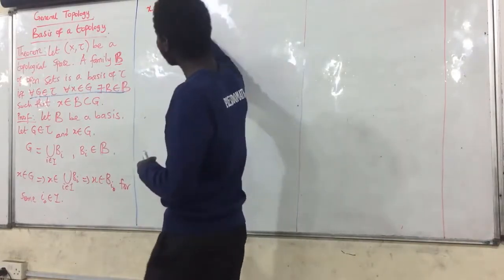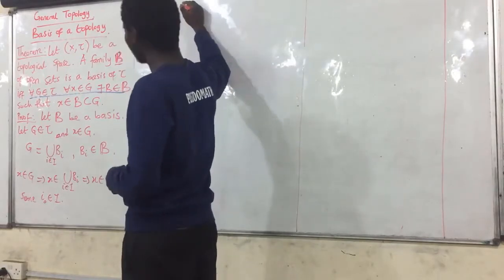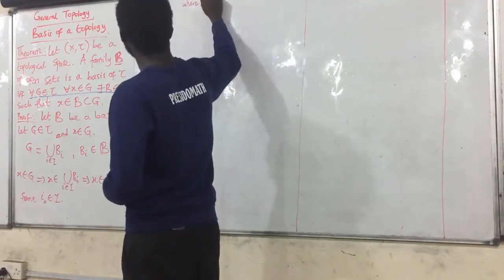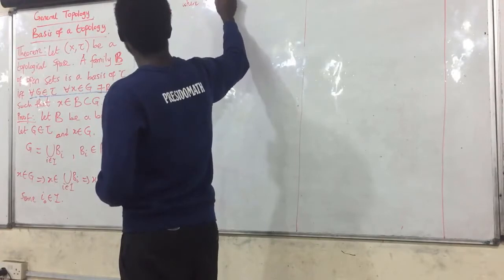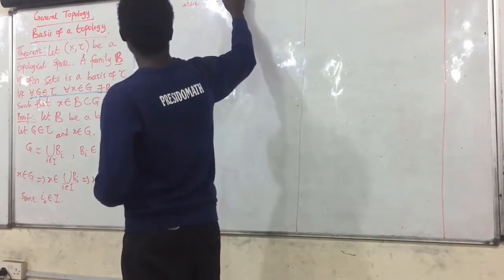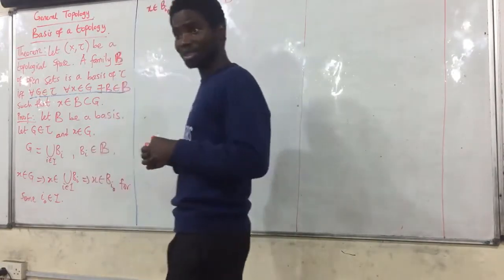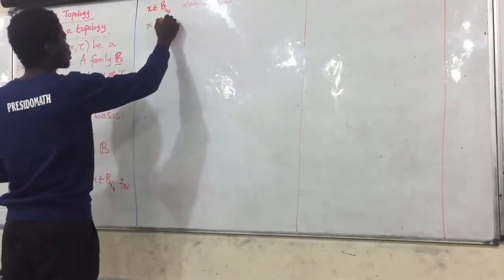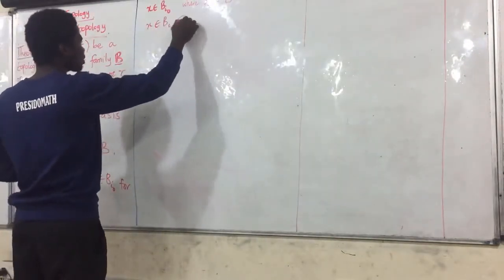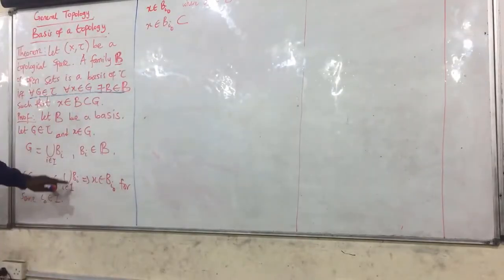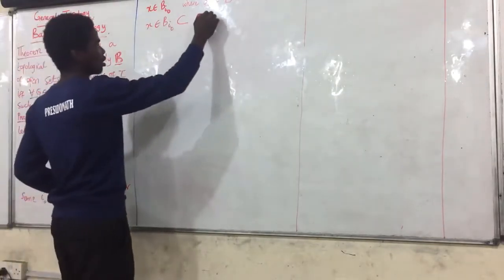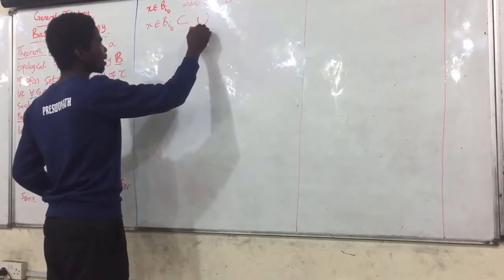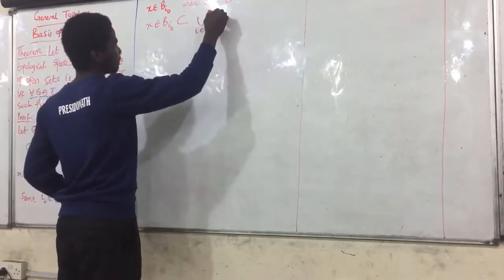And this B_i0 is an element of the basis. So now S is in B_i0, and B_i0 is fully inside the union of B_i over i in I.